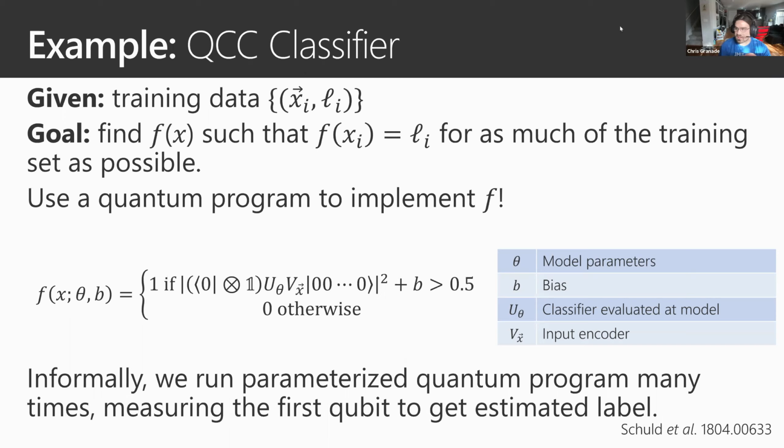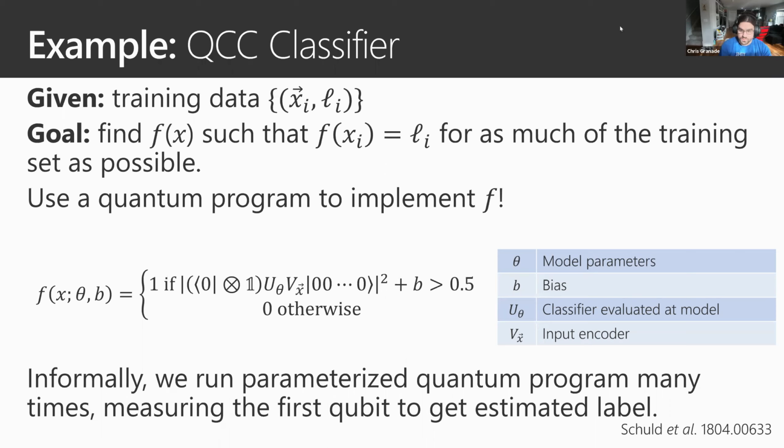The QCC classifier uses a quantum program to implement that function f. That program consists of preparing the L0 state, running a unitary that depends on the vector x being evaluated in some way, and applying another unitary that depends on model parameters.